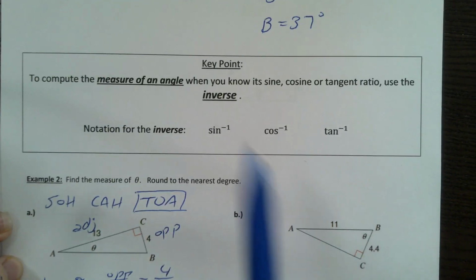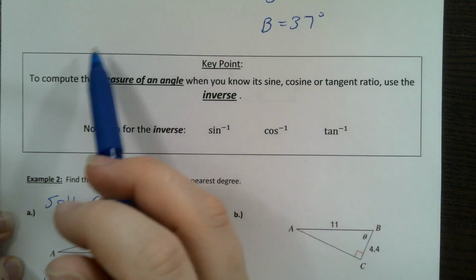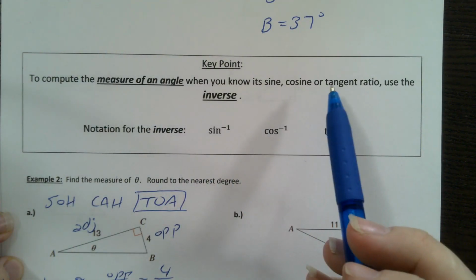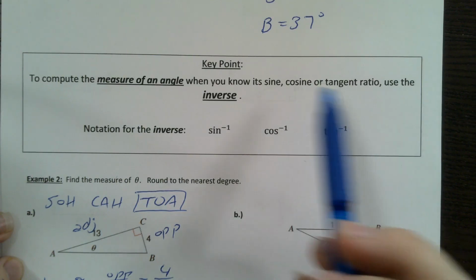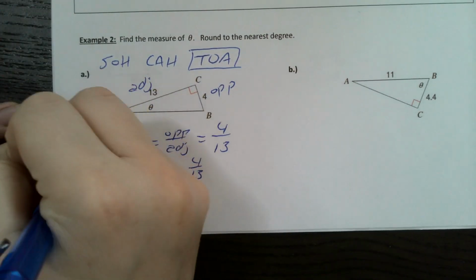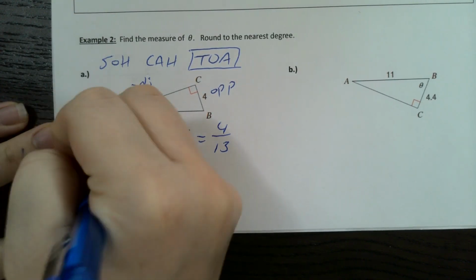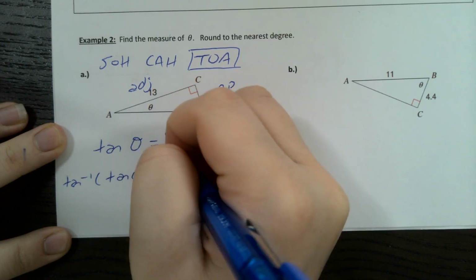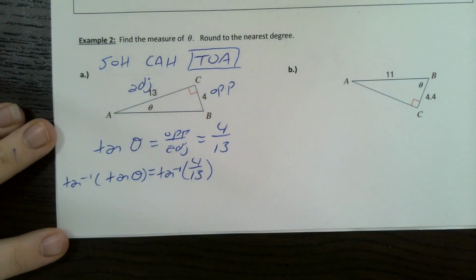Remember up here, to compute the measure of an angle when you know its sine, cosine, or tangent ratio, here we do know that tangent ratio, we use the inverse. So let's take the inverse of both sides of our equation. So inverse tan of this side and inverse tan of the right side as well.